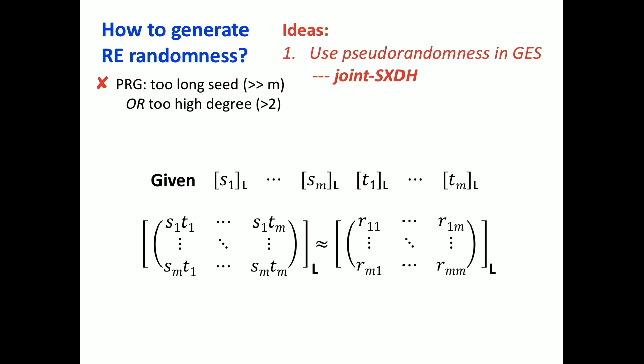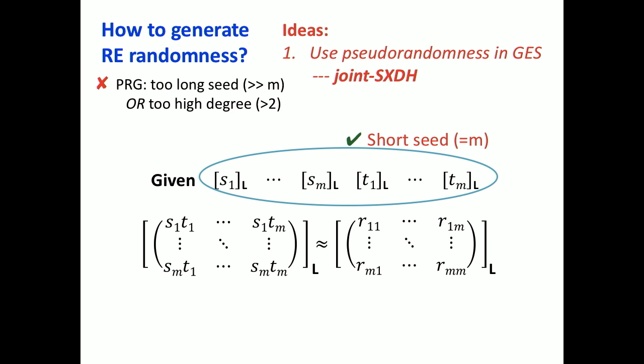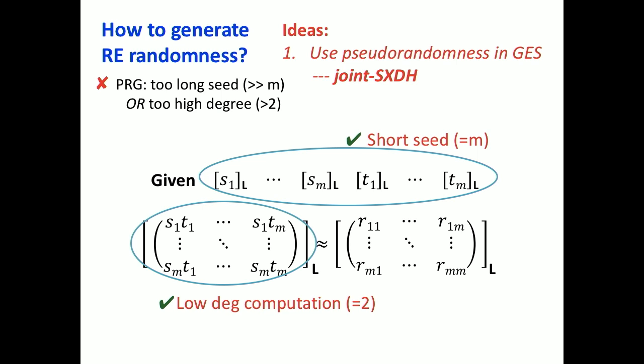This simply follows from classical DDH. So this is great. This looks like a very good PRG for us. First of all, the seeds are very short, those Si and Tj, with exactly size m. Second, the computation is very simple. It's only a quadratic computation, which could fit into an inner product. And this is precisely why I will only get random elements over the ring as opposed to random elements in binary.